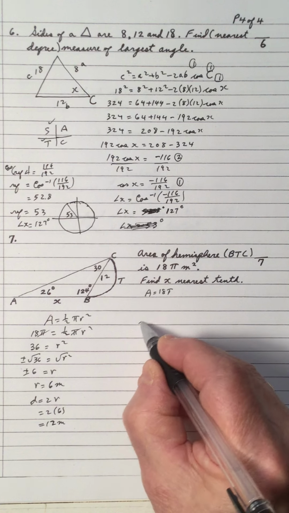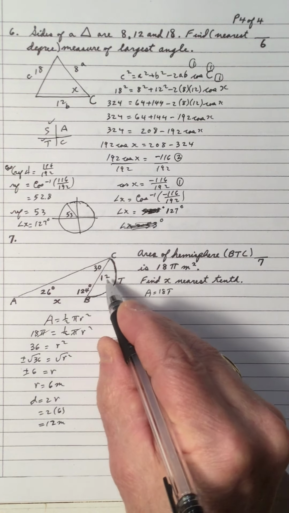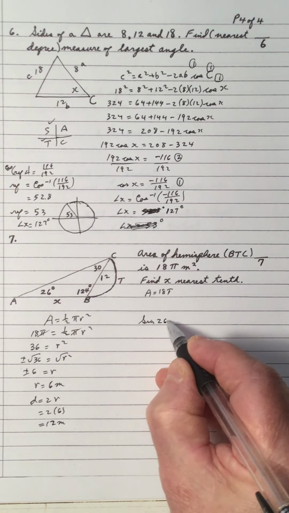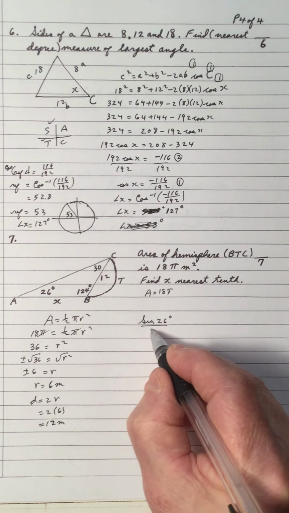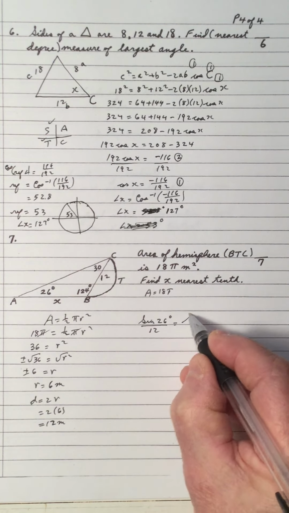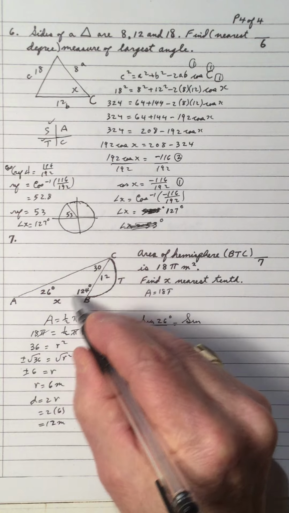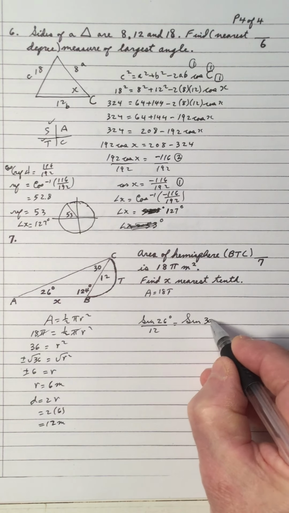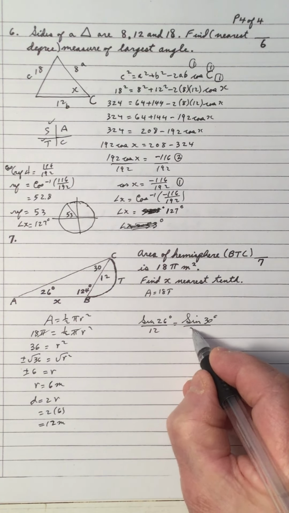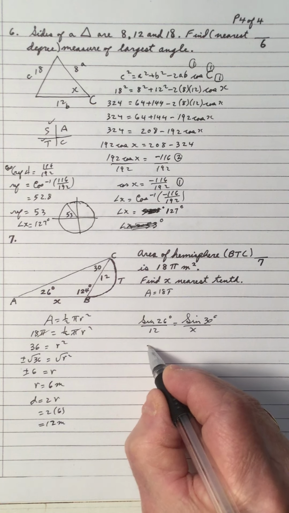So the sine of 26 over 12 is equal to the sine of 30 degrees over x. Cross multiply.